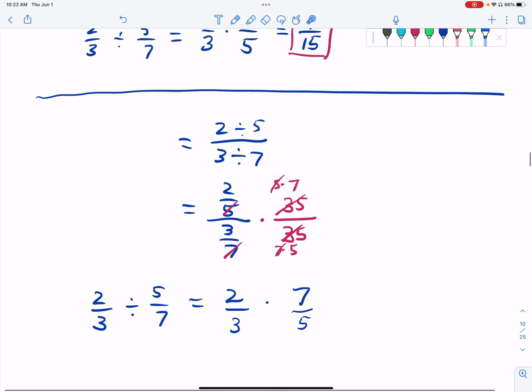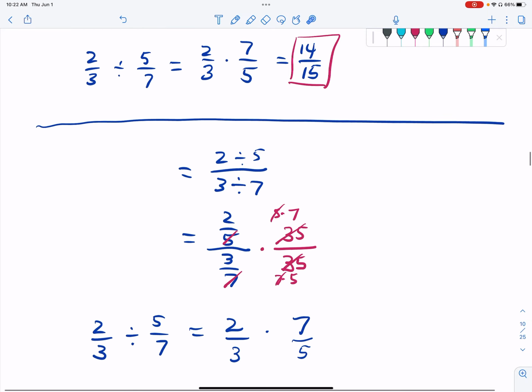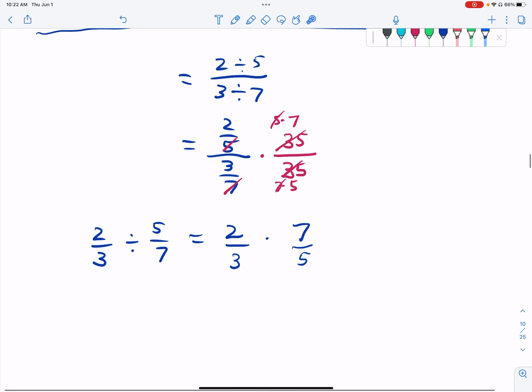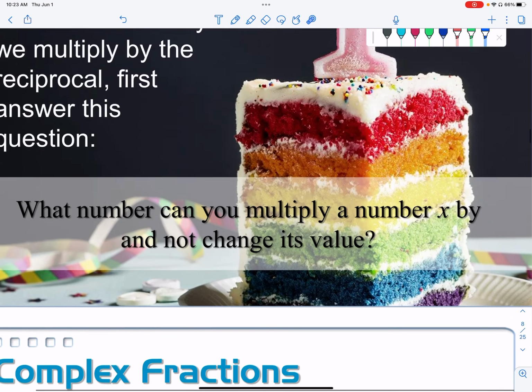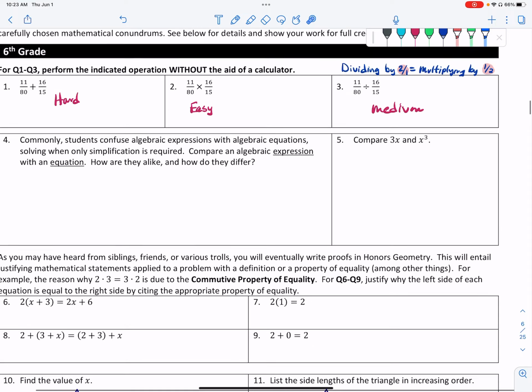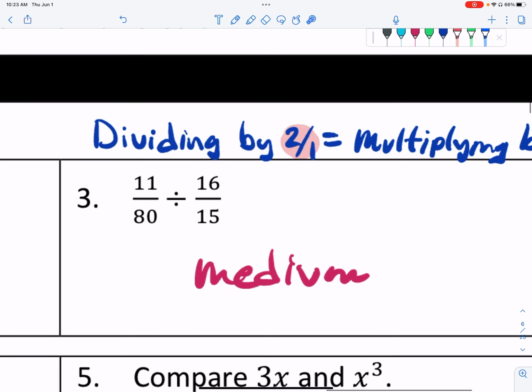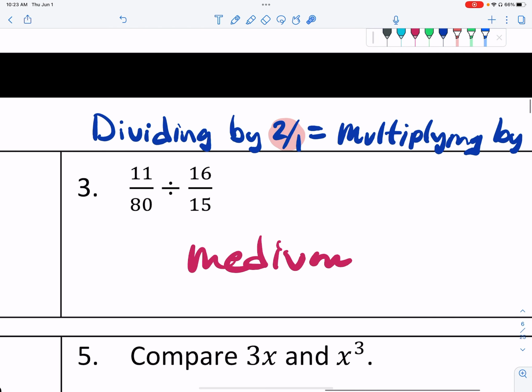So why do all of this work, especially when it's highly complicated, very easy for you to make some sort of mistake, when you can just take a shortcut, in this case, the keep, change, flip. I'm multiplying by the reciprocal in order to do a division problem. So going back to our actual problem that we have to do without giving you the answer, just think about this one. I got to keep, I got to change, I got to flip, and then I'm multiplying.